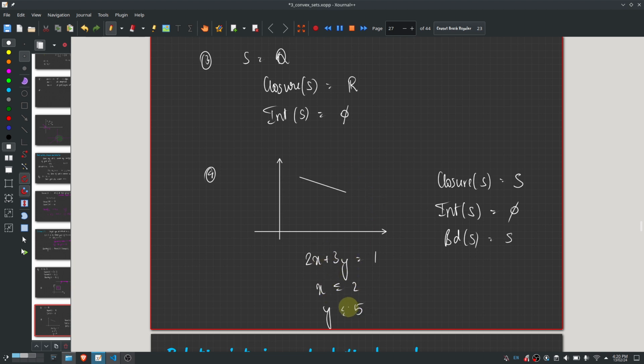But what you want as an interior point is at least one of these inequalities being satisfied strictly. One of these inequalities is a strict inequality, and we want to distinguish between these two. But that will not happen if we use the standard definition of closure and interior. For this, we need something slightly different.